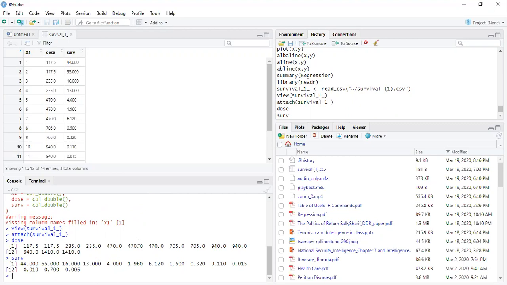Basically, dose is the independent variable, X. Survival is the dependent variable, Y. I want to make sure I have that clear. Sometimes that gets fuzzy in my head. So the dose is causing or not causing the survival. So the goal here with regression analysis is that we want to see the extent to which doses of radiation in mice have a survival or reduce that survival, which we are going to see.